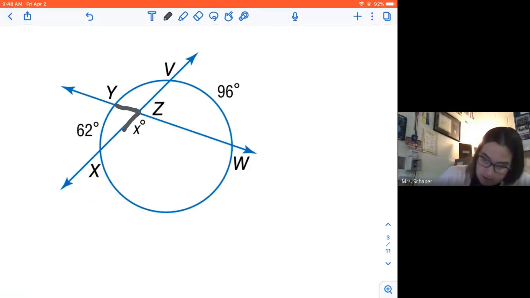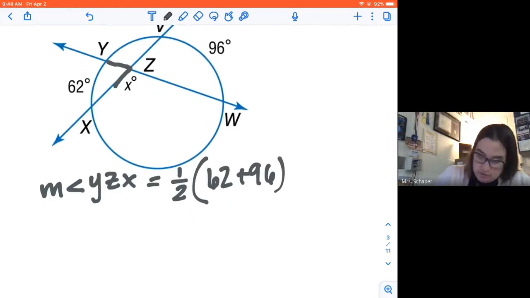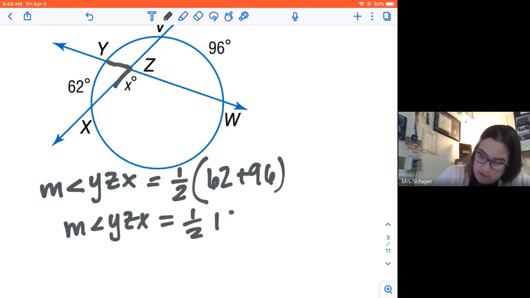So the measurement of angle YZX is equal to 1/2 the sum of the two intercepted arcs. The measurement of angle YZX is equal to 1/2 of 158.